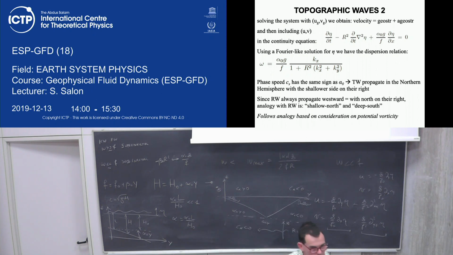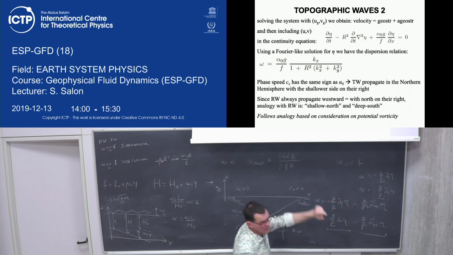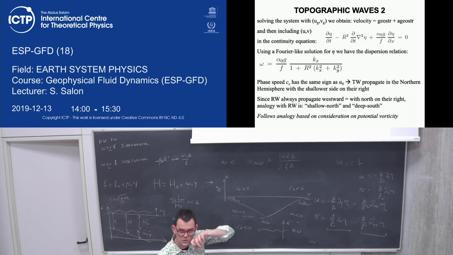So, demonstrate that for Kelvin and Poincaré waves, omega is much larger than f, so we have higher frequency than inertial. For topographic and Rossby waves, omega is much smaller, so we have slow fluid flow on large scales. You have to demonstrate this by using the dispersion relationship. You can find it, for example, in Cushman, where they do the long wave and short wave limits.